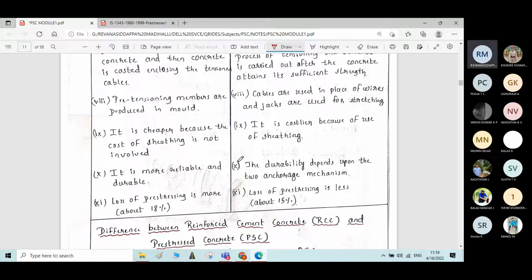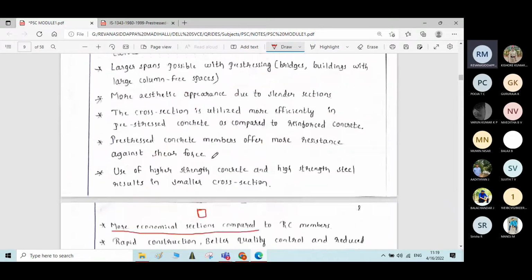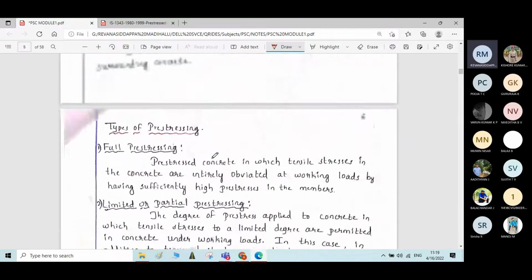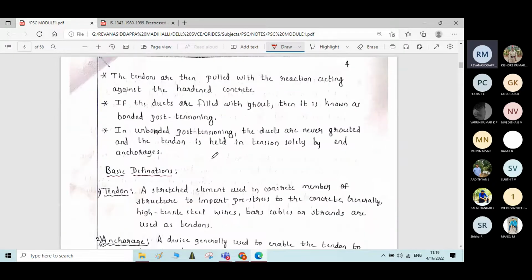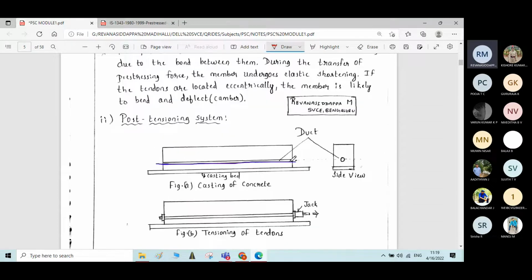Then coming to the cost, pre-tensioning is cheaper because the cost of sheathing is not involved. Cost of sheathing means the duct. Here we have to place an extra duct for the post-tensioning system. You can see initially the ducts will be placed.